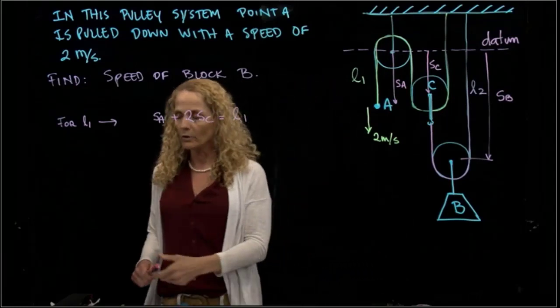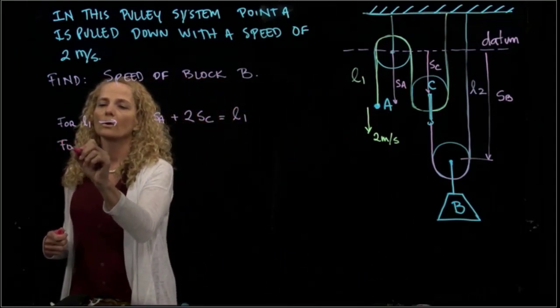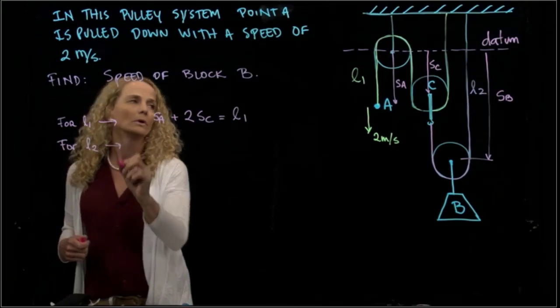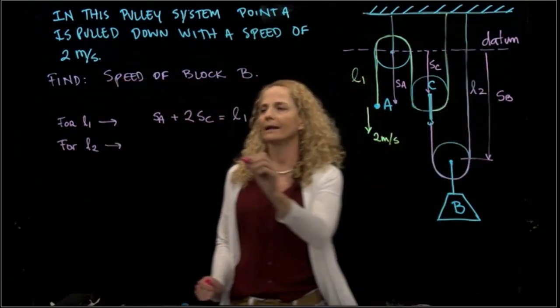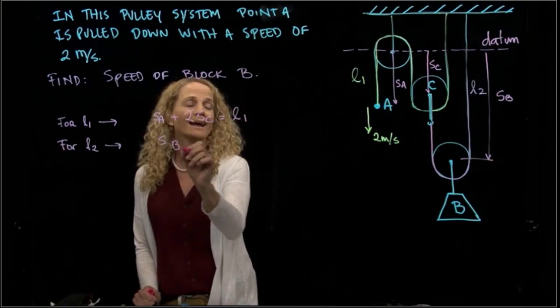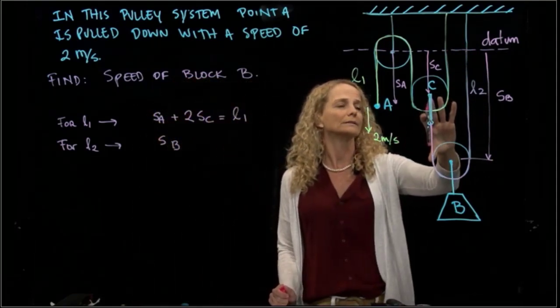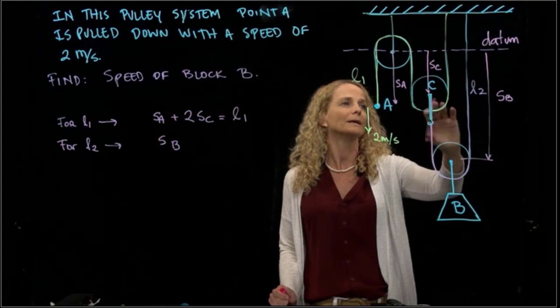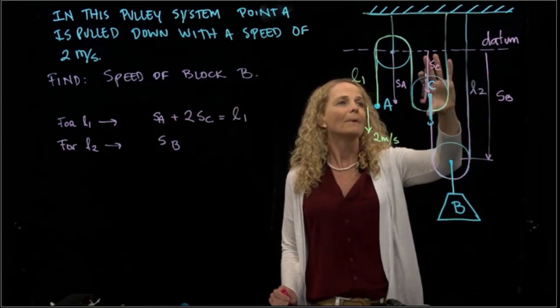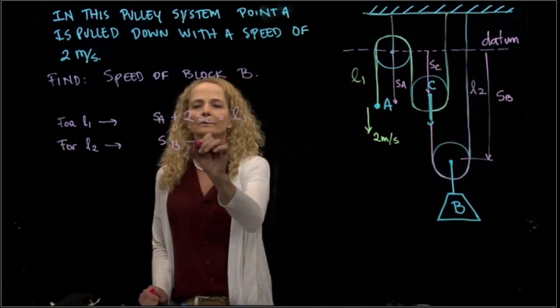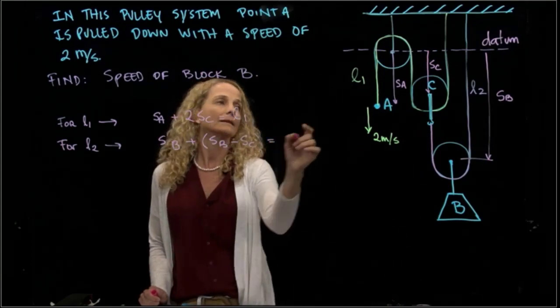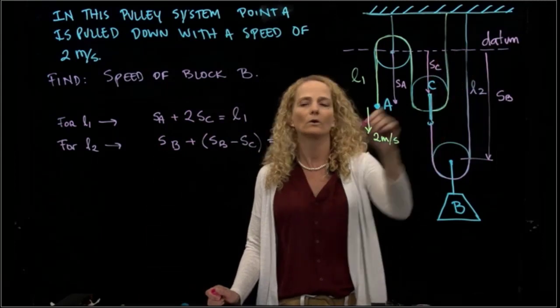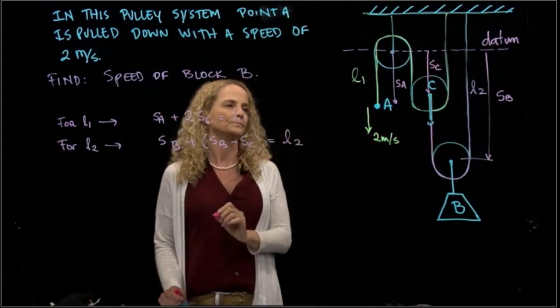And then I have another cord for L2. Then I have this distance right here that I name SB. And then I have this small distance. This small distance will be SB minus SC. So it will be SB minus SC, and that will give me the total length of L2.